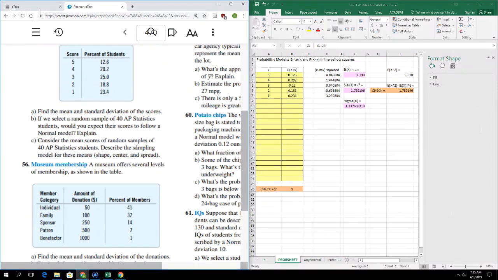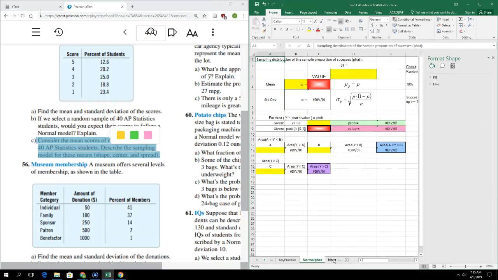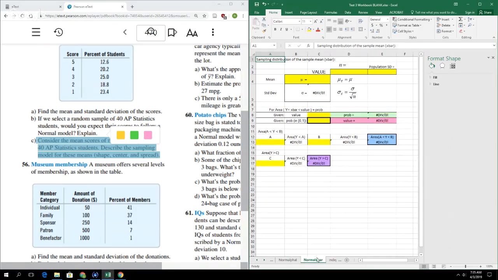So actually, I can jump over here, normal X bar, right? What am I thinking about? The means. I could answer question C by plugging in this, right?